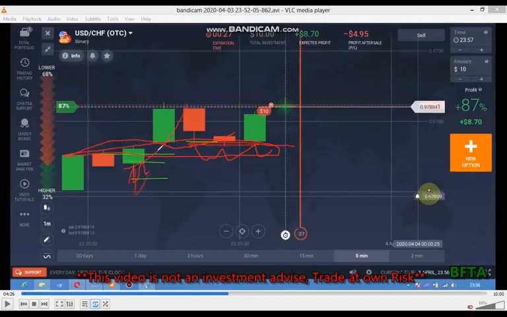Buyers are here and buyers are here. So there's no specific place where buyers are waiting or something like that. Buyers can wait even there. If this candle closes as a doji candlestick, the buyers can still wait here to buy the market. So you need to be following what the market is doing, how the market is behaving.